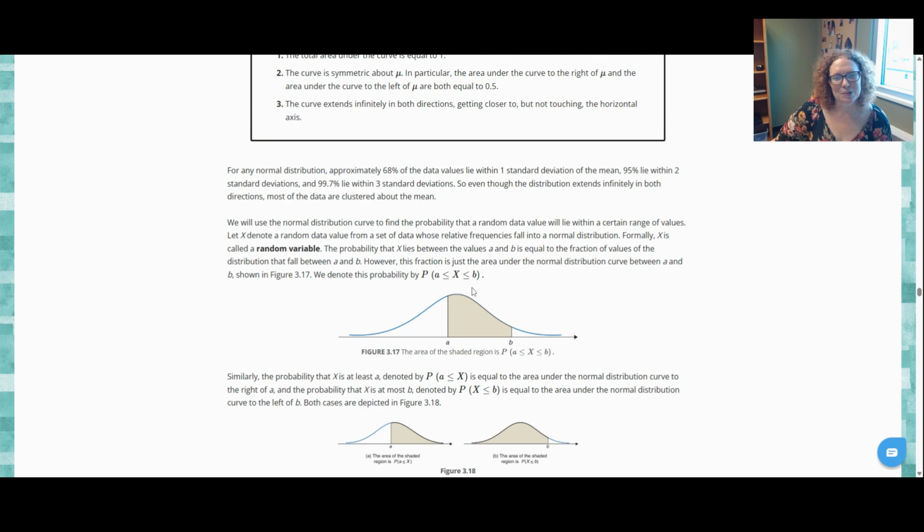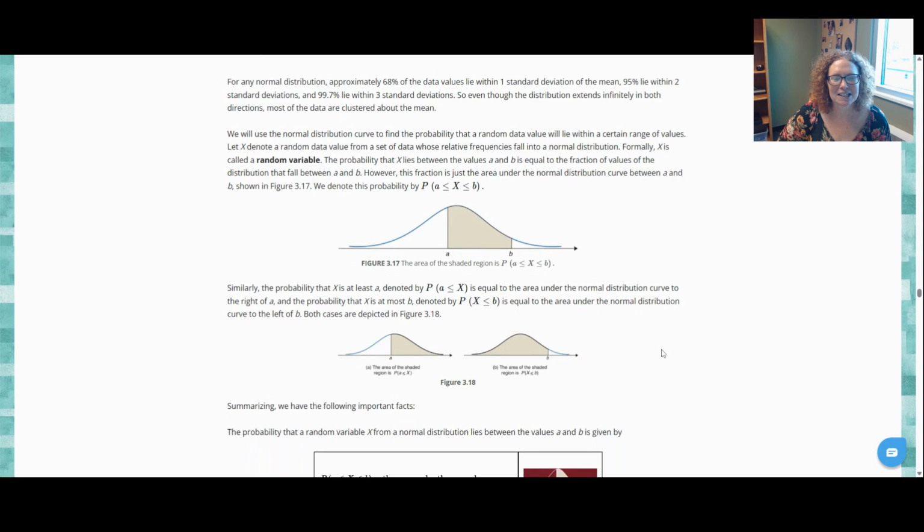So this is what the probability looks like. The area of the shaded region is the probability that x is greater than or equal to a and less than or equal to b, because it's going to fall within that shaded area. And that's where we're talking about the probability.